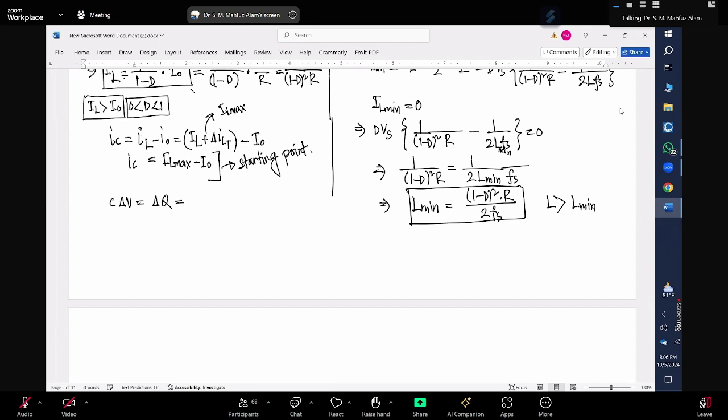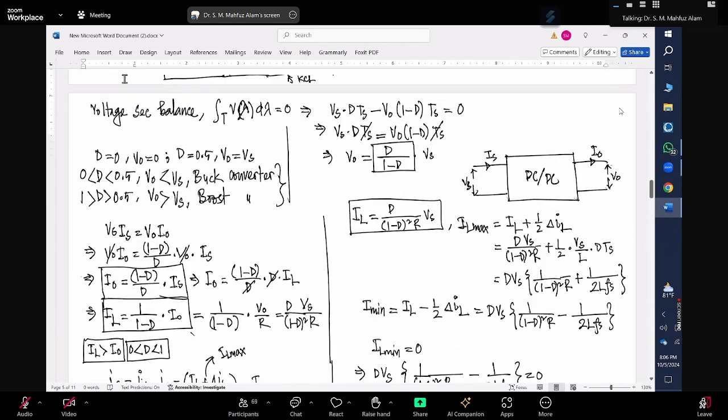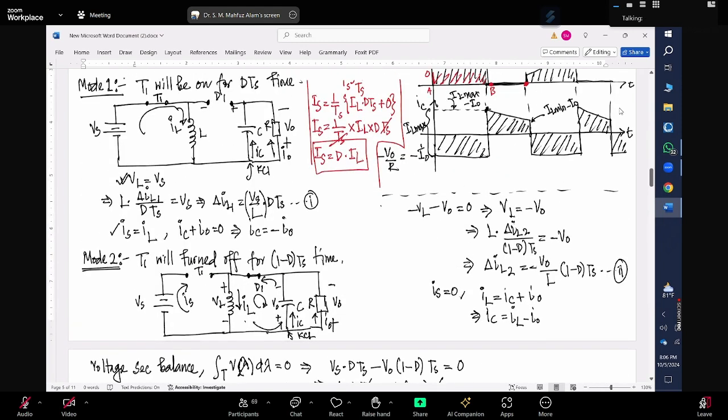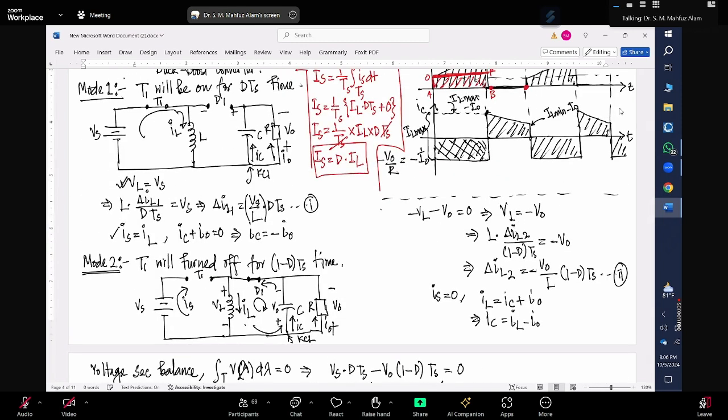So what is del Q? It is the area of the curve for the capacitor current, right? So what should be the area of this capacitor current? Because your Q is nothing but the integration of IC dt, right? So what should be the area?